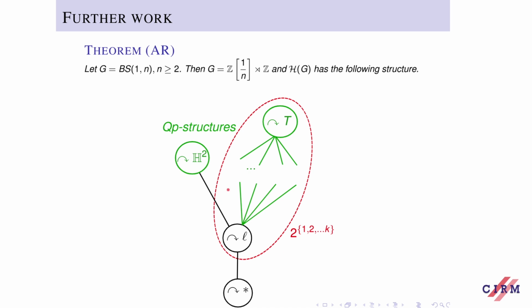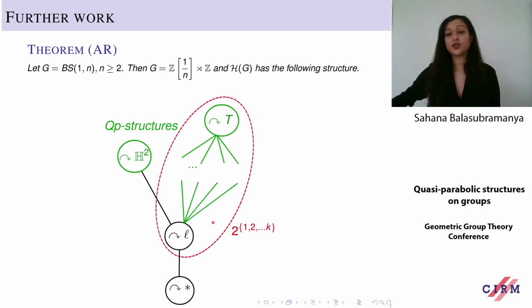And all of the structures here, except the smallest one, which is the lineal action, correspond to quasi-parabolic structures. In addition to these, there's one more that comes from the action on a hyperbolic plane. And of course, then you have the lineal structure dominating the action on a point. But all of these quasi-parabolic structures also have interpretations in terms of our confining subsets.